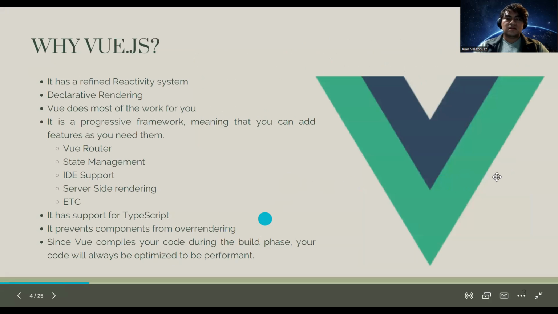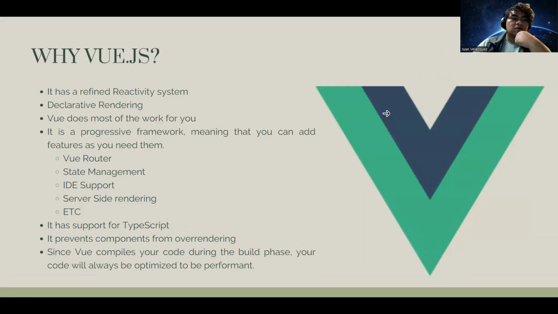Okay. So let's still go up to why you would want to actually use Vue. It's a reactivity system, which basically means that all of the variables that you use are code-dependent, and can also be independent, but they can be dependent on many things. So Vue handles all of the re-rendering for you whenever something changes. And also it's progressive. That means that you don't have to change any of your code whenever you want to add a new module.